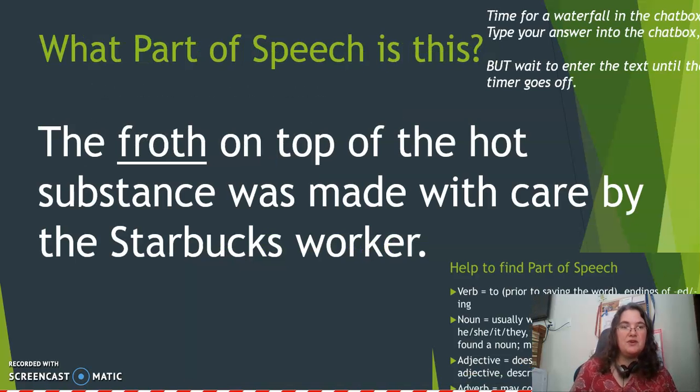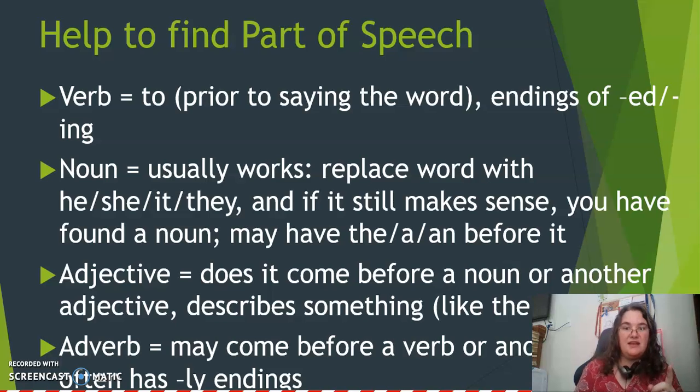One more time: the froth on top of the hot substance was made with care by the Starbucks worker. The froth doesn't have a "to" before it. It has "the" before it, though, and if I look at our helpful hints, if it's got "the" before it, then usually it is a noun.